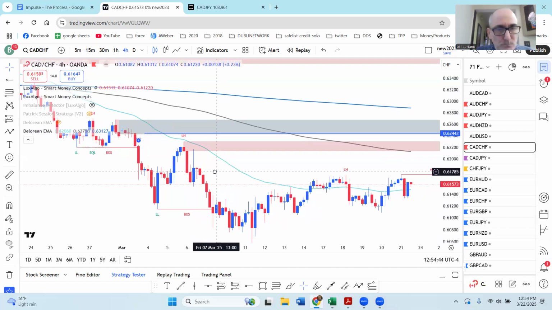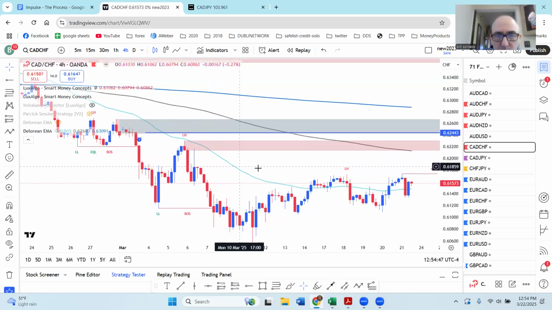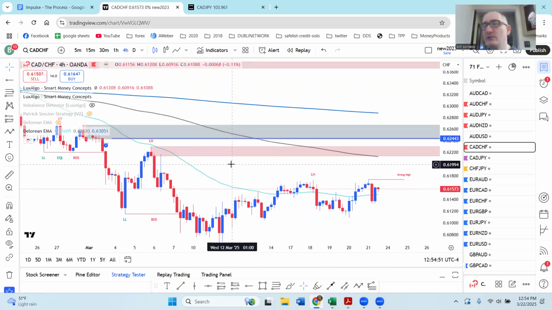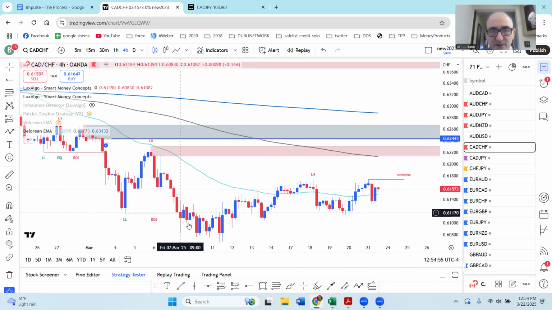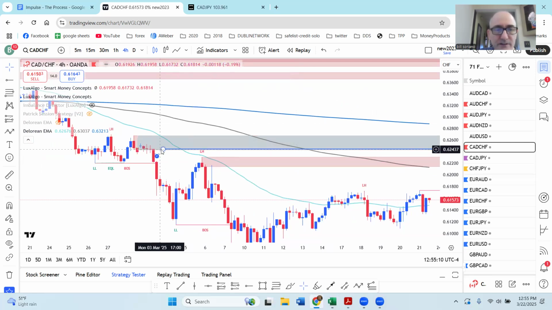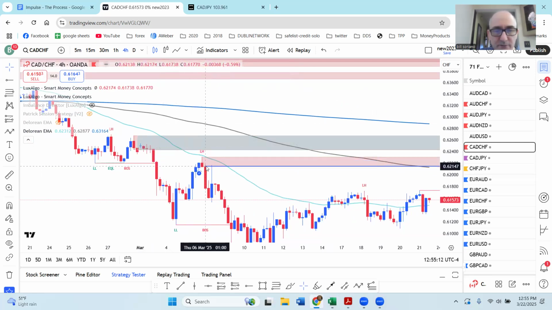You see this wick going up into this zone, and you might say that zone's already been hit. That's incorrect, because you have to wait for the break of structure. This zone does not exist until price comes down here and breaks structure to the downside. So that does not count as being mitigated, and this zone here is still valid to trade from.